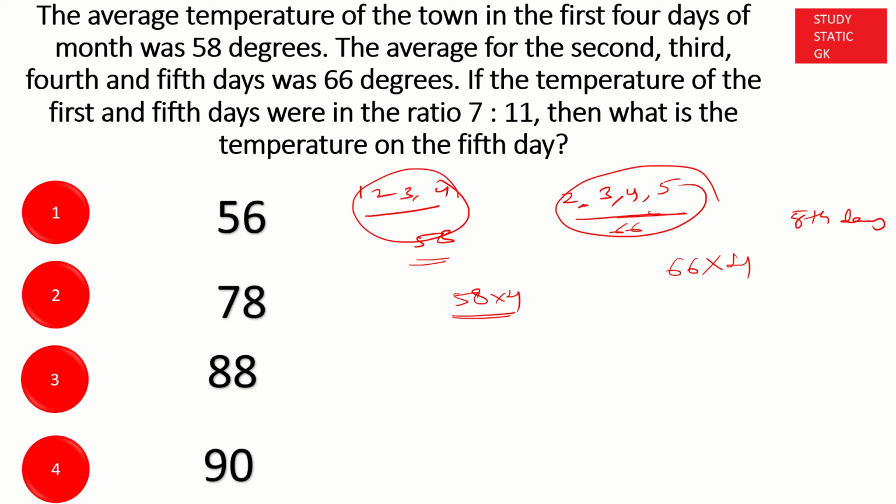So the first and fifth temperatures are given in the ratio 7:11. He is asking about the fifth day. Okay, so if at all we take the total, that means this is 4 days, this is 4 days, total 8 days.